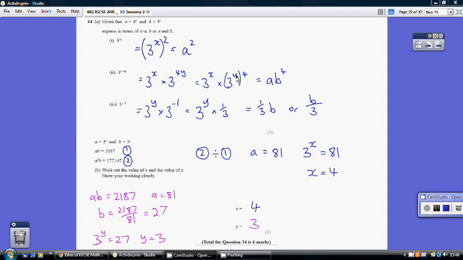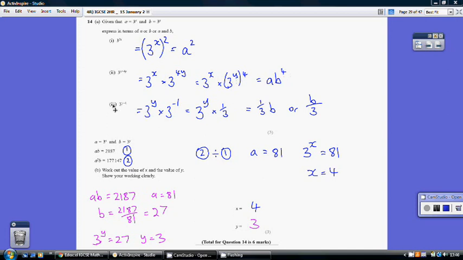And again, a power inside and outside the bracket, we multiply these together. So this here is the same thing as 3 to the power of y times 4, 3 to the power of 4y. So once we've got into this format, we can easily substitute a and b in. So 3 to the power of x is a, 3 to the power of y is b. So that's a times b to the power of 4.